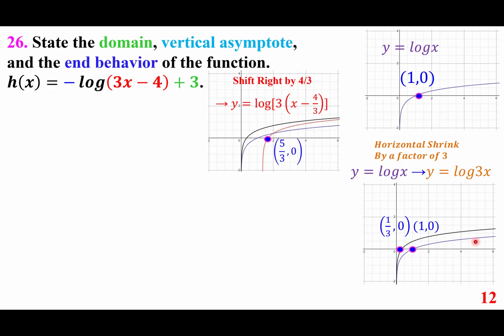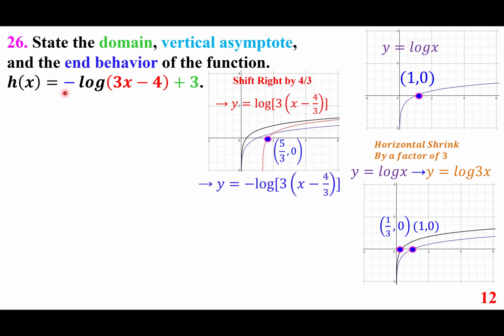Very straightforward. So again, a quick recap. Here's log x. The 3 shrinks the graph along the horizontal axis, minus 4/3 moves it to the right. And now we're going to apply the negative. So we're going to write the same thing with a negative in front of it.